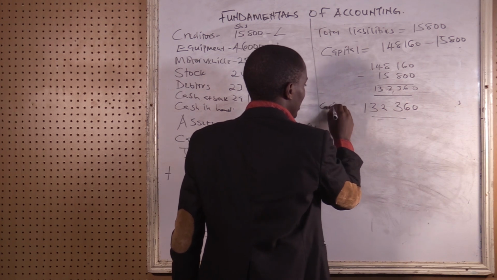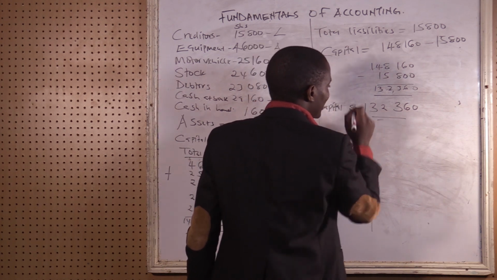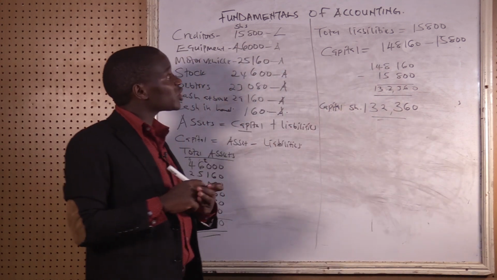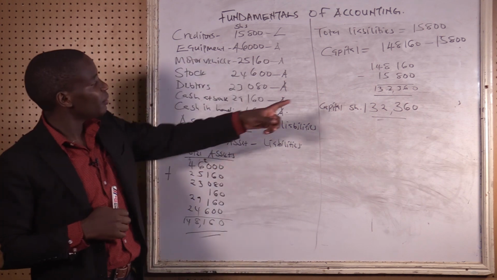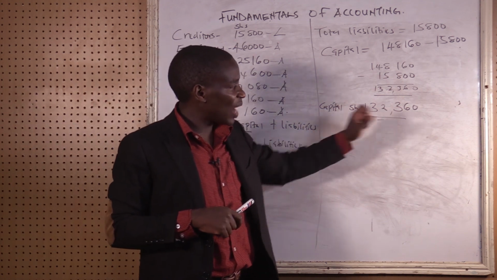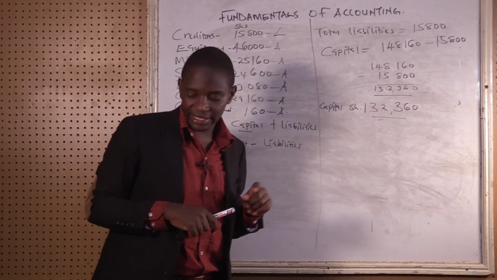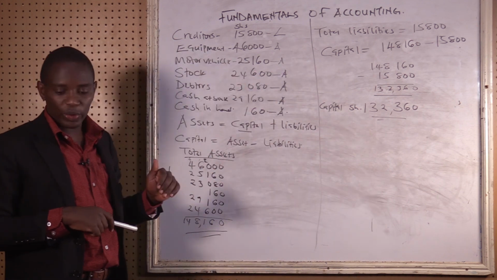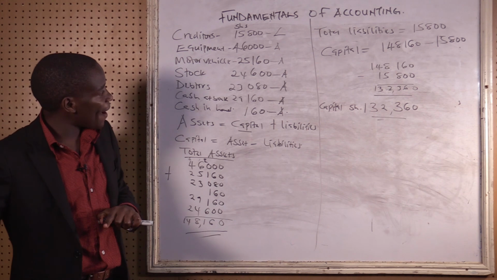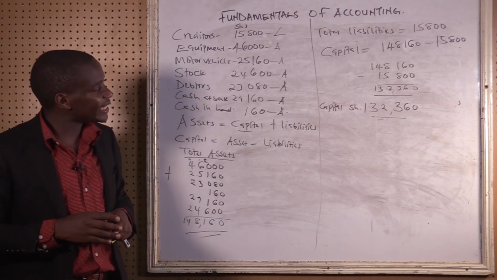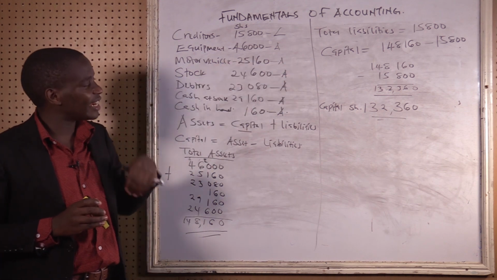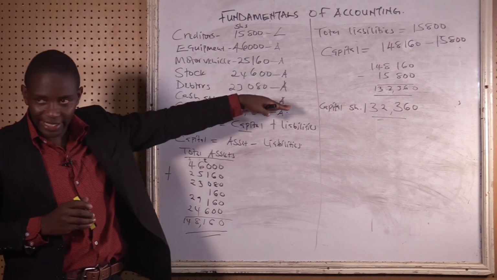So capital is equal to 132,360 shillings. So the owner's contribution for this business, D. Moody, is 132,360. That is how you apply the bookkeeping equation. In our activity, I'll give you an additional question to practice on.